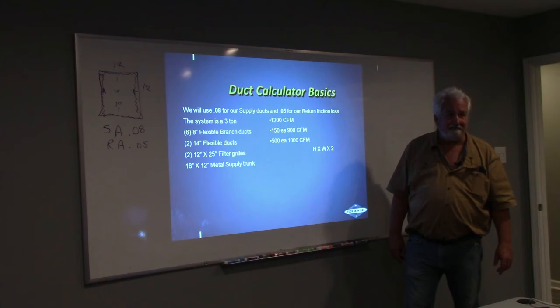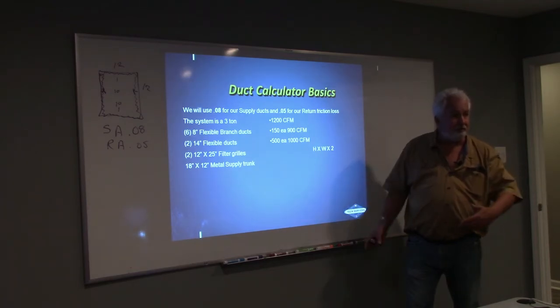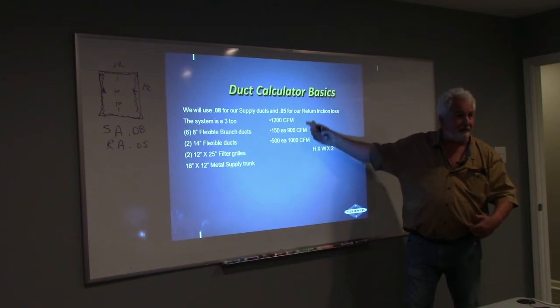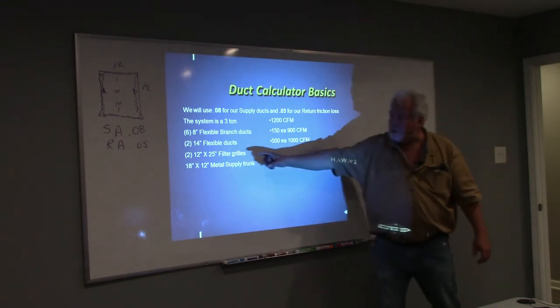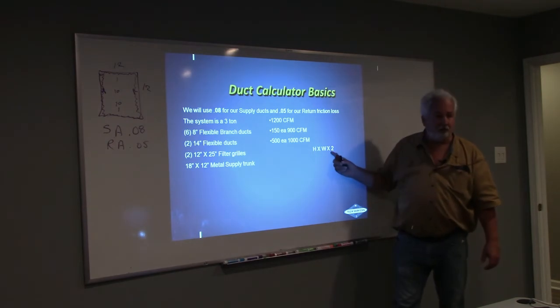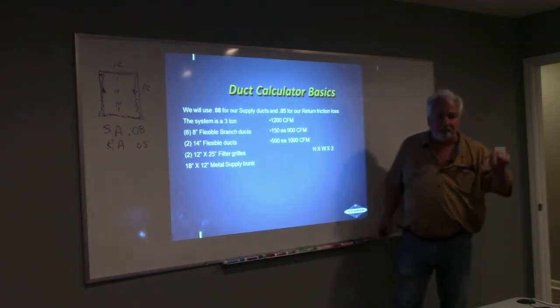Yeah, okay, so 510, 525. Are we short? We were good with the metal, but as soon as I went to the flex, that side went wrong, didn't it? Good. But we did increase the filter grills. So 12 times 25 times 2, right? We increased that size, 12 by 25 times 2.